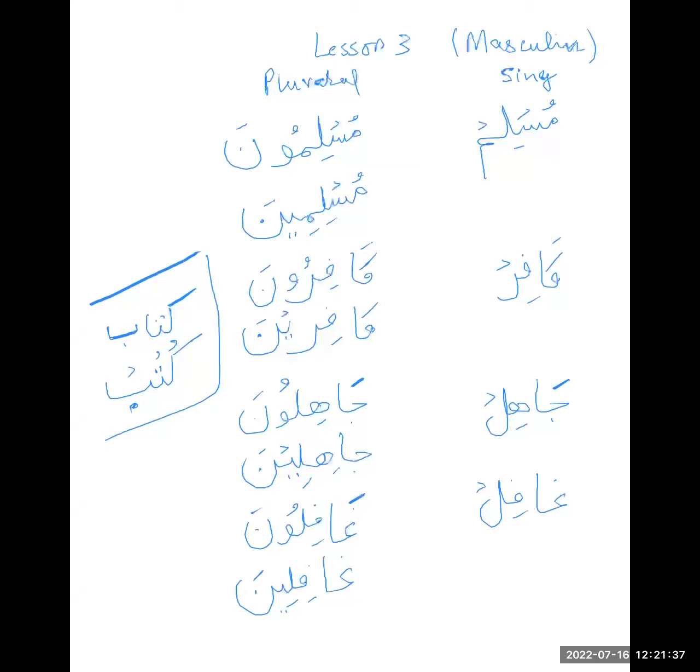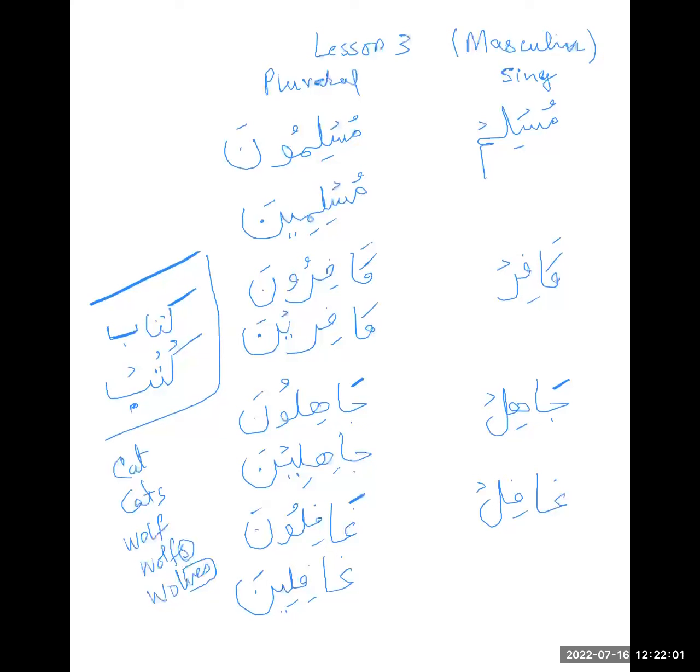Just like in English, we say cat and cats, right? But when it comes to wolf, we don't put an S, we say wolves. We put VES.